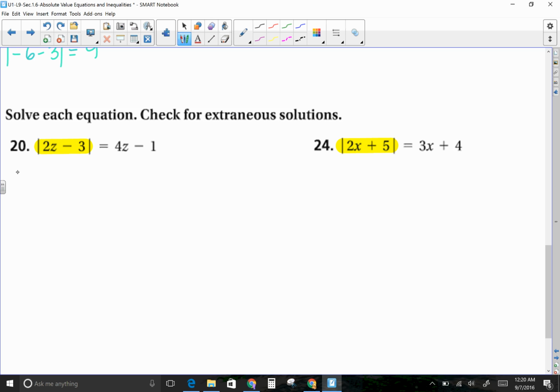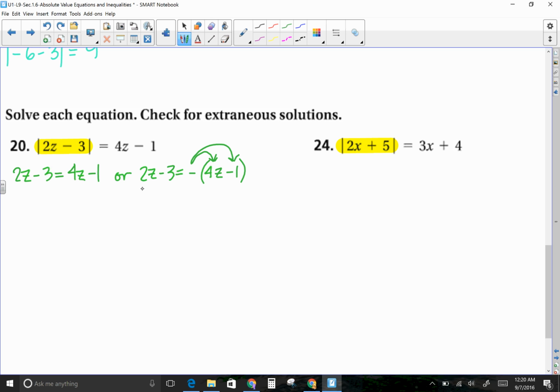And that's going to give me 2z minus 3 equals 4z minus 1, or 2z minus 3 equals the opposite of 4z minus 1. Okay, so the fact that I have the opposite means that I have to change the sign of both of these on that side.